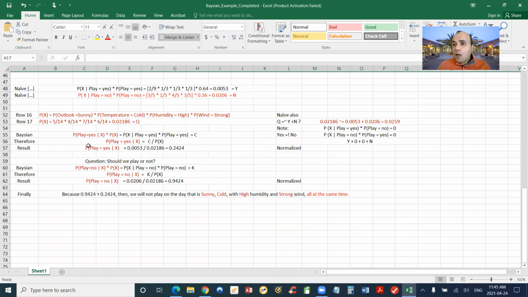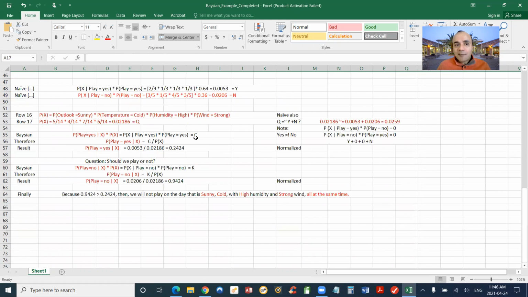So what are we trying to do? Remember, the Bayesian theorem has a multiplication on the left and a multiplication on the right. What do we have? Play is equal to yes while x happened, times px, is equal to x happened when play is equal to yes, times play is equal to yes. So that's what the Bayesian theorem is.